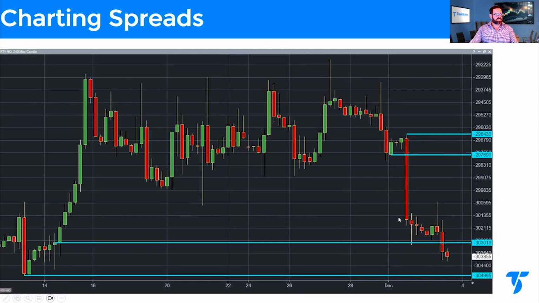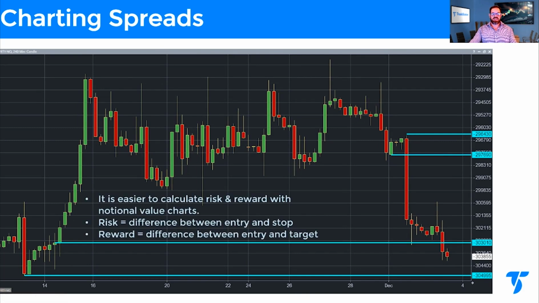So again, charting these, if we're using notional values, it makes it a lot easier figuring out profits, risk, all that stuff. So we're calculating this. The risk is just the difference between wherever you're getting in and wherever your stop price happens to be. So in this case, if I'm selling the Russell, that's the first one, buying the NASDAQ on a 4-hour chart, I'd be selling at 297,690, buying to cover if I'm wrong at 296,430.